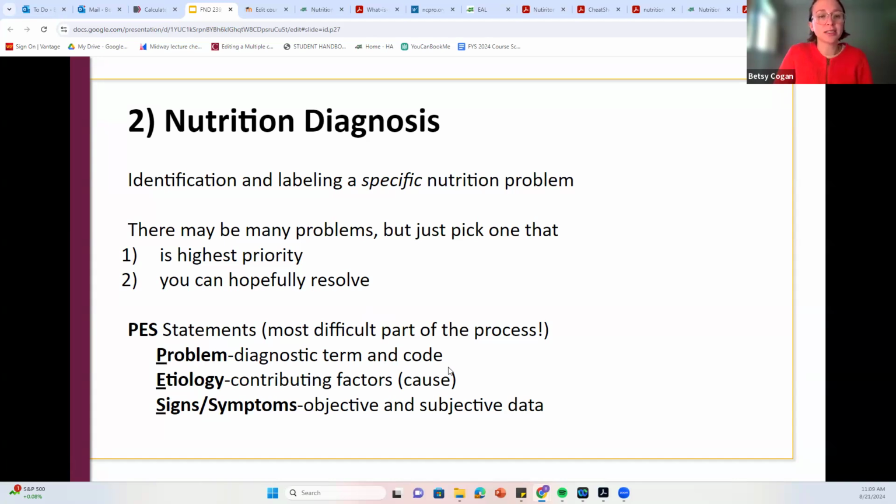And then we're also using assessment data to identify how we know what is the cause of this problem. So the problem, the etiology, or where it came from, and what supports that etiology based on our assessment data.